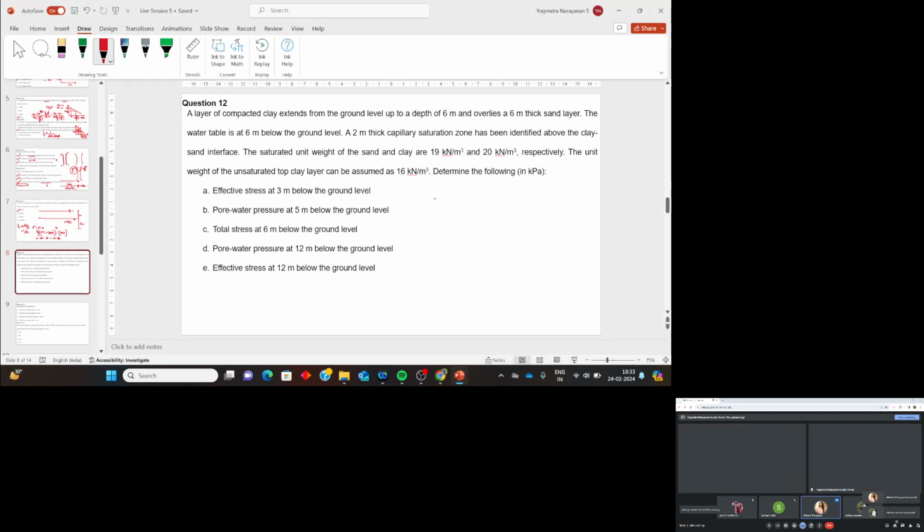Let me draw the figure for your understanding. So this is the ground level, and this is 6.